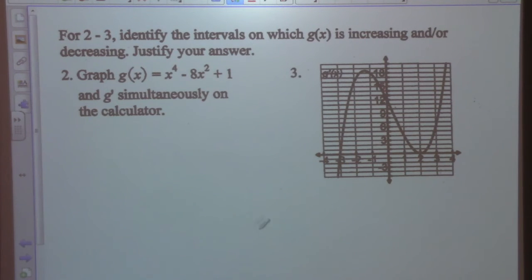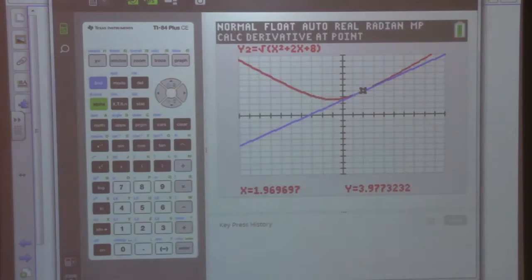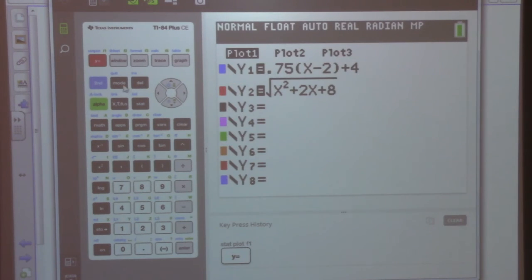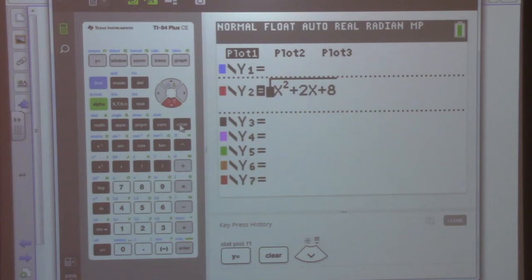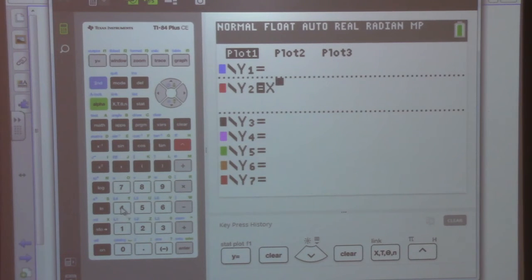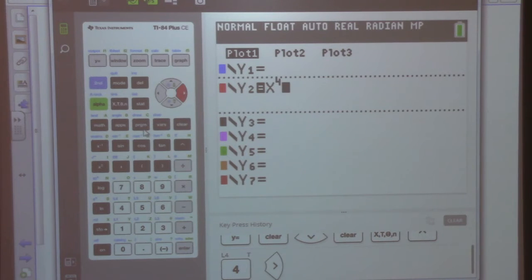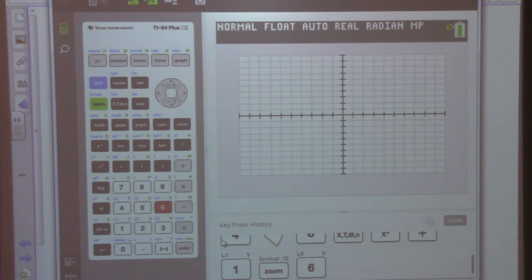Okay, so now we go here. It's x to the 4th minus 8x squared plus 1. When I zoom 6 it here, we're going to have that.